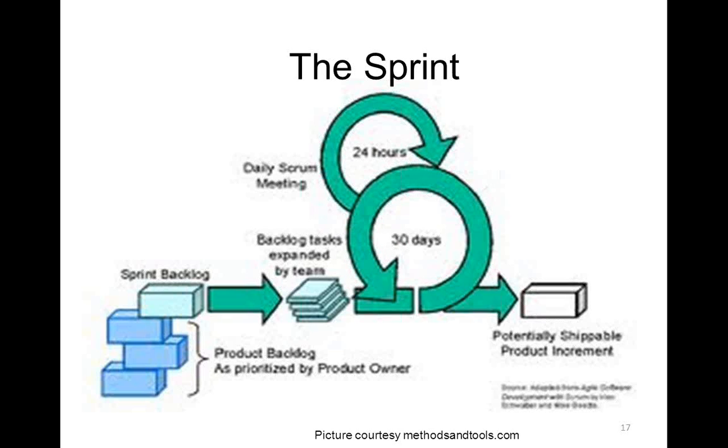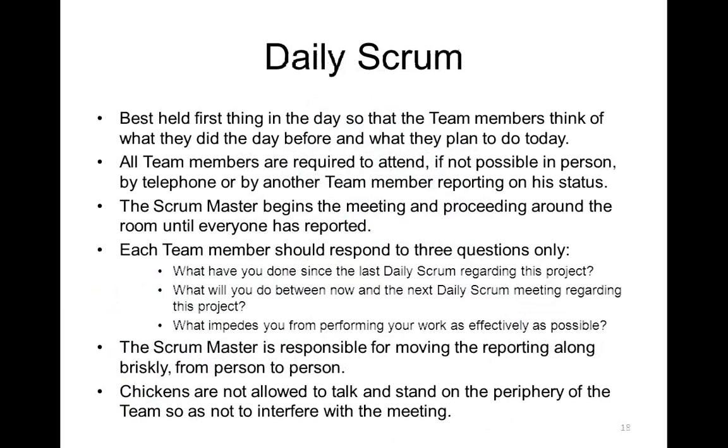In that 30-day sprint, the team is supposed to hold a daily Scrum meeting, shown on top as 24 hours. This daily Scrum meeting is actually a daily stand-up meeting. I'll tell you what exactly is supposed to be done there. And at the end of 30 days, the team delivers the potentially shippable product requirement.